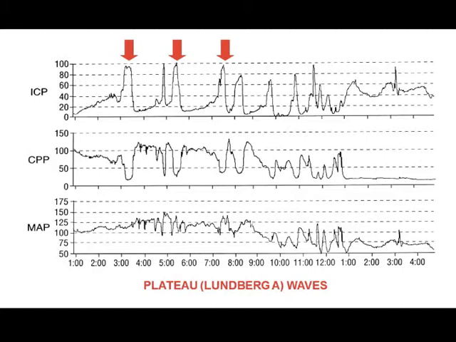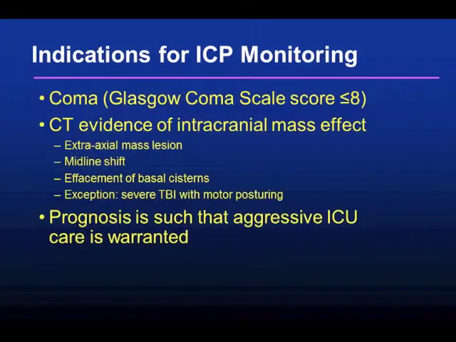His plateau waves are going up, and you see the mean arterial pressure is starting to become unstable here from autonomic dysfunction. And now we see these ICP elevations, these plateau waves, but the problem is the MAP is falling. He's having vasocirculatory collapse, and now he ends up stuck here with an ICP of 40 to 60, but he's losing his blood pressure and his CPP is not viable anymore.